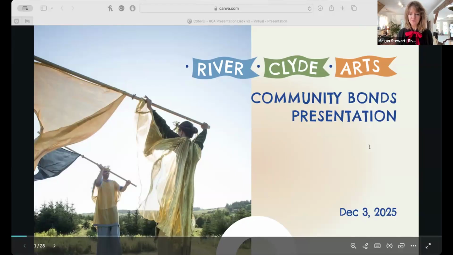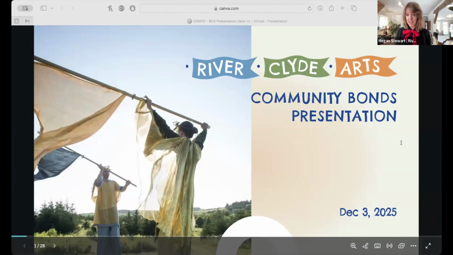The other thing I'll say is to do an additional land acknowledgement. River Clyde Arts lives, works, and creates on Mi'kma'ki, the unceded ancestral territory of the Mi'kmaq people in the district of Abegwit. We're very committed to respecting this land and the people who have inhabited it for thousands of years. We strive to learn their stories and their lessons and uphold them in our work.